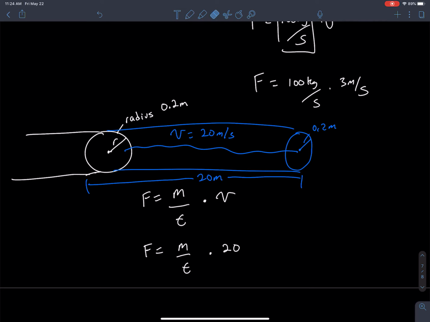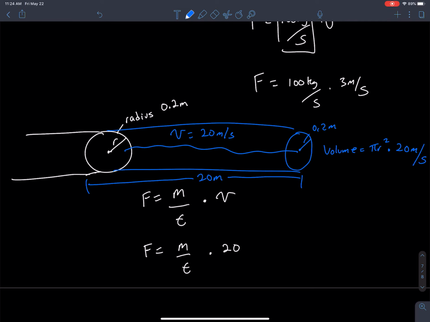The volume is going to be equal to pi r squared, that's the surface area of that face, times 20 meters. That would be the volume. And if I look at the velocity here, that's going to be 20 meters per second.